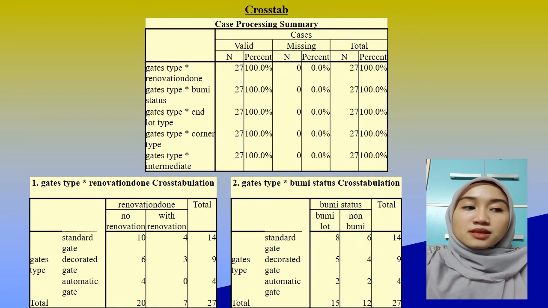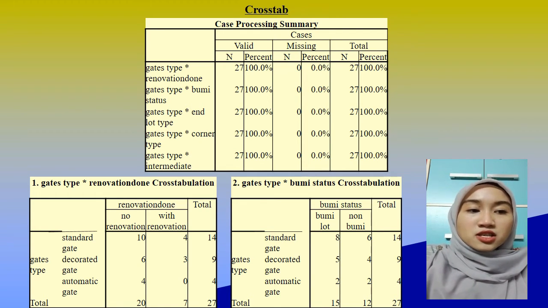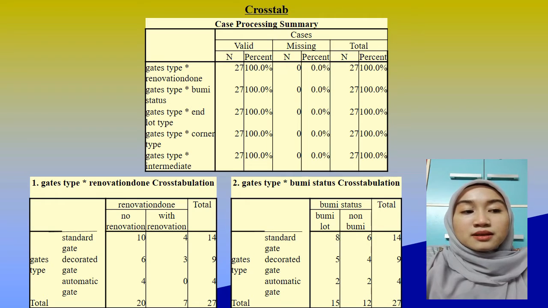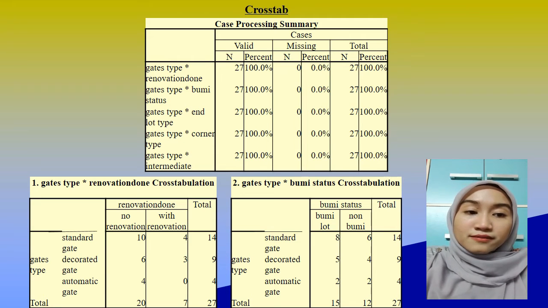The first cross tabulation table shows the relation of gate type to renovation done. As we can see, the standard gate recorded is 10 with no renovation, while it recorded 4 with renovation, with a total of 14. Next, for the decorated gate, it states 6 with no renovation, while with renovation is 3, and the overall total is 9.